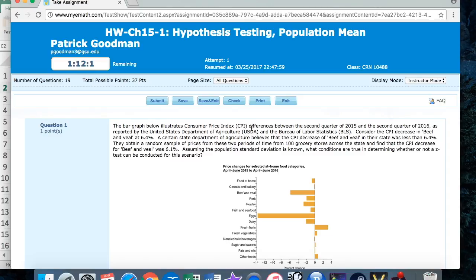Anyway, let's read this. The bar graph below illustrates Consumer Price Index, or CPI, differences between the second quarter of 2015 and the second quarter of 2016, as reported by the United States Department of Agriculture, USDA, and the Bureau of Labor Statistics, BLS. So that's what they're saying. Consider the CPI decrease in beef and veal at 6.4%.